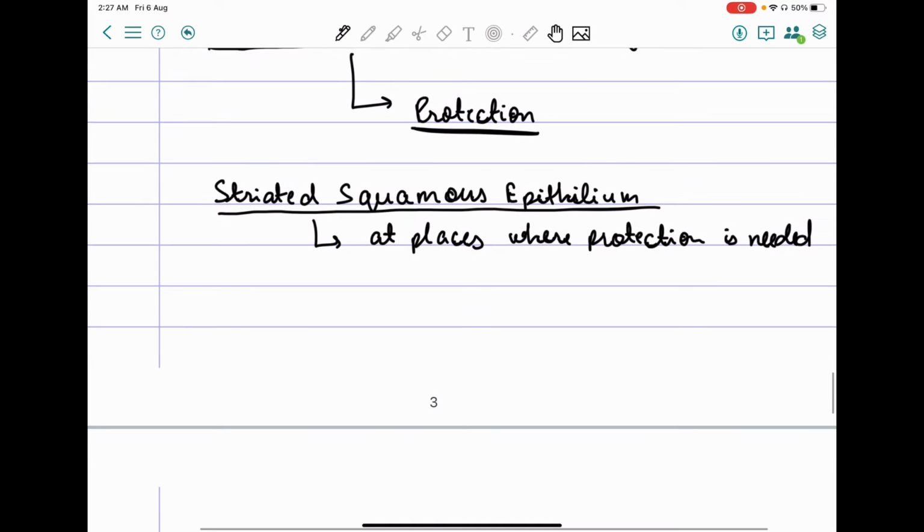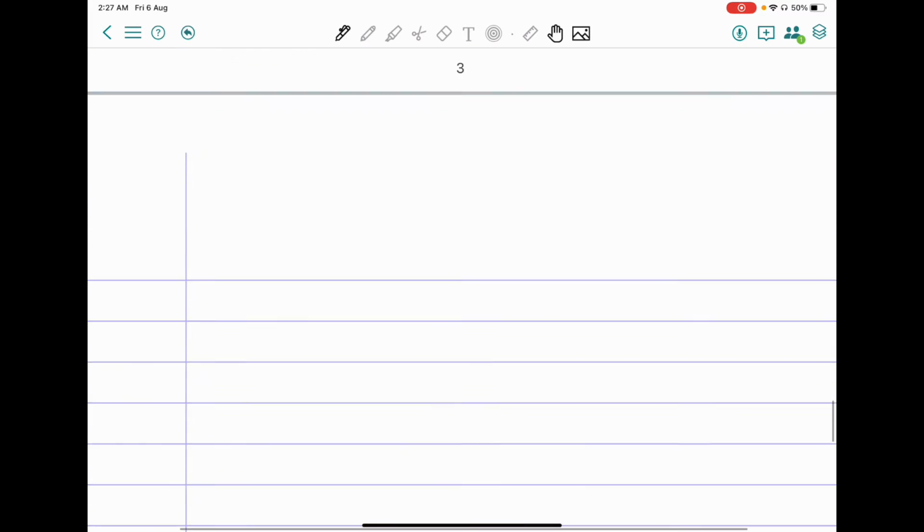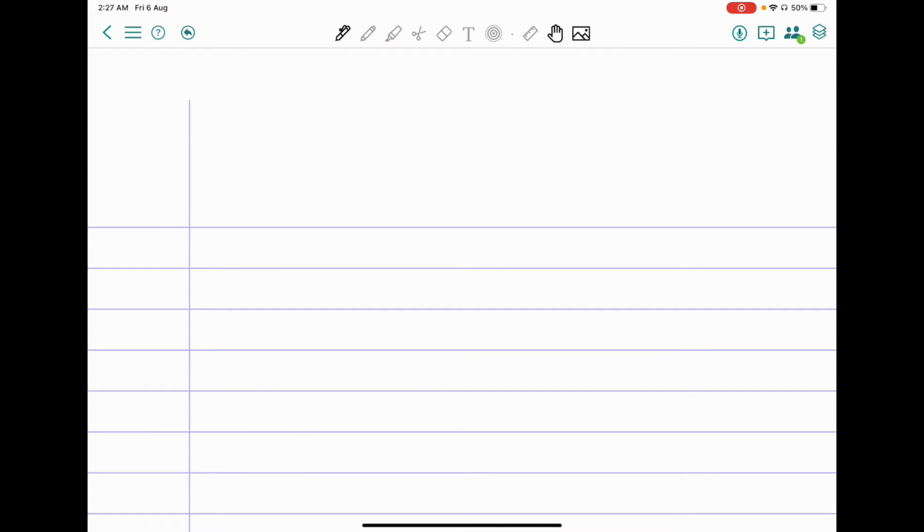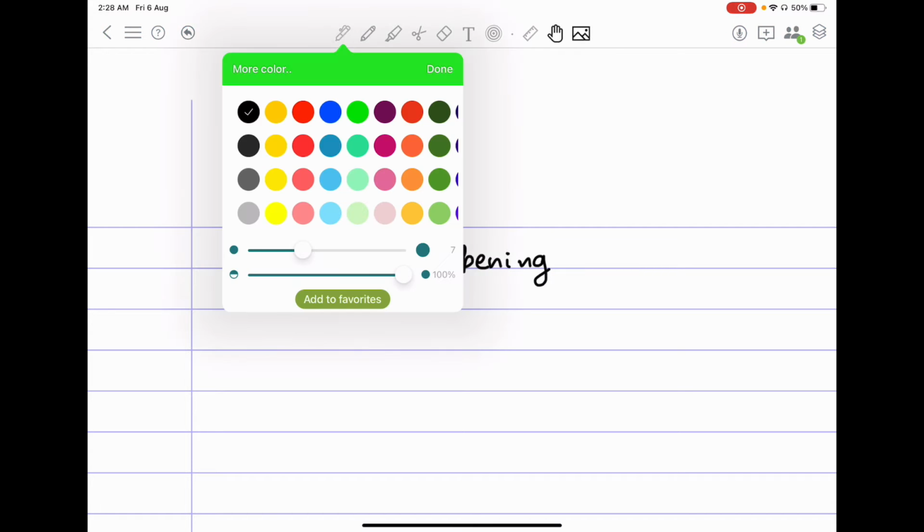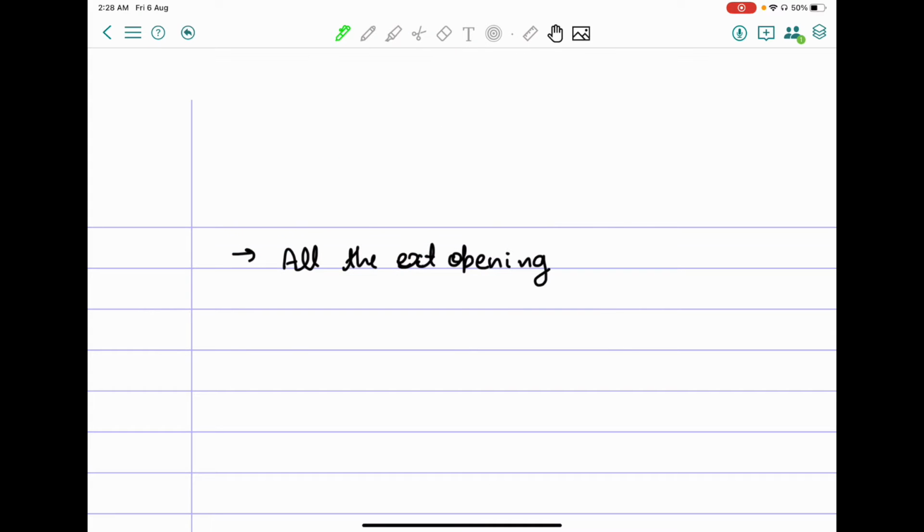There is a rule in stratified squamous epithelium. What is that rule? The rule is that all the external openings are lined by stratified squamous epithelium.